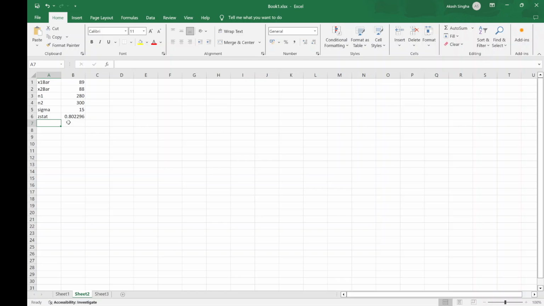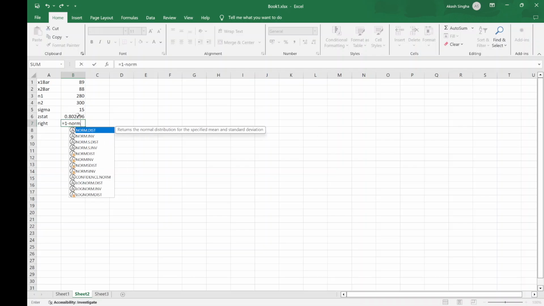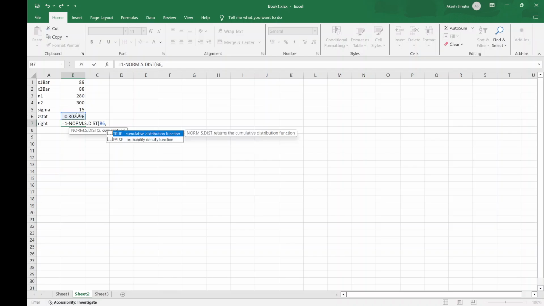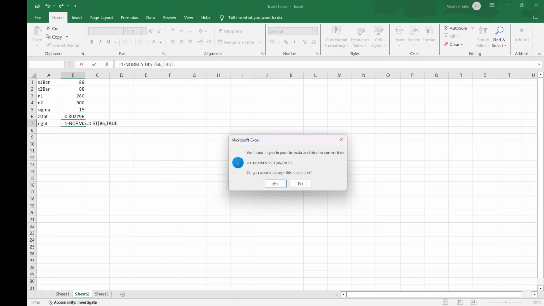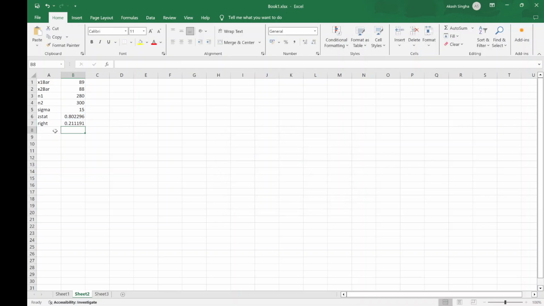So for two-tailed, calculate the right-tailed: 1 minus NORM.S.DIST, comma, true. So two-tailed will be double of this, into 2.